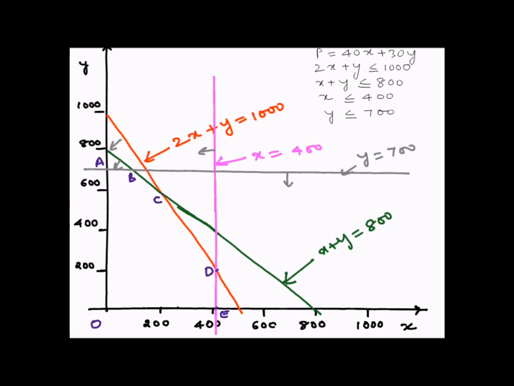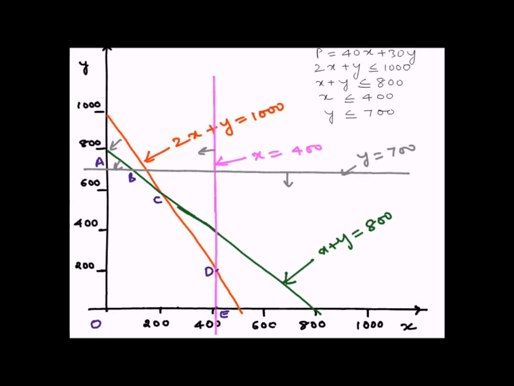So if we find the coordinates of these edges and we solve the objective function equation, which is p is equal to 40x plus 30y, with the value of these coordinates for x and y, the coordinate which gives us the maximum profit would be the coordinate at which the optimal solution lies, and the value of x and y at that coordinate will be the quantity of premium and super microwave that needs to be manufactured.